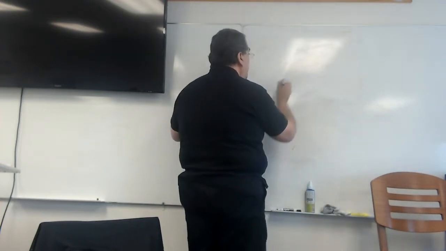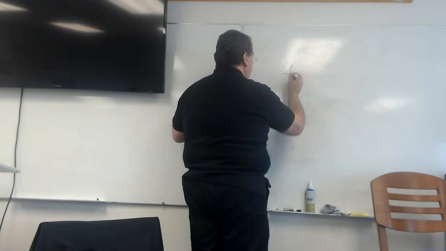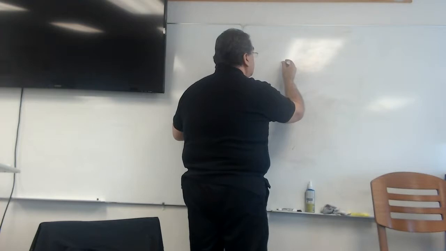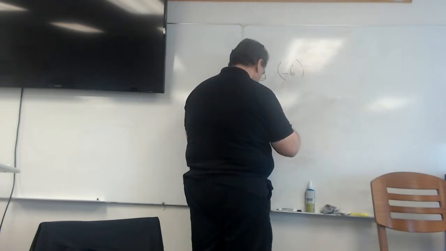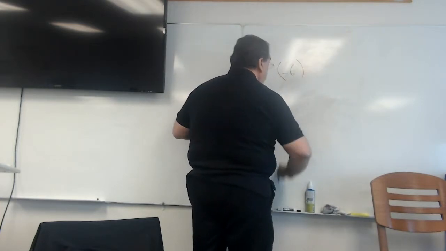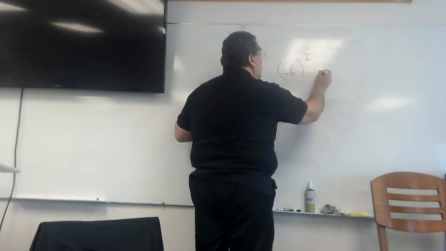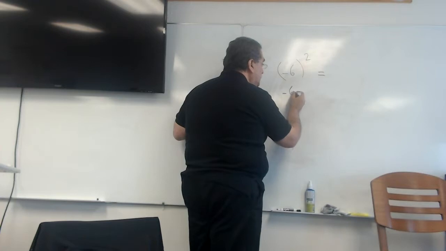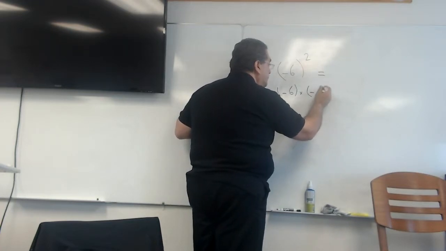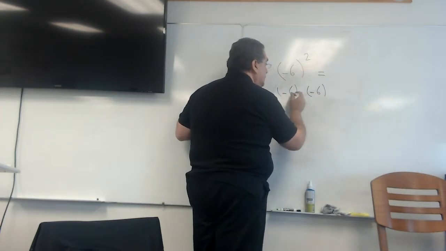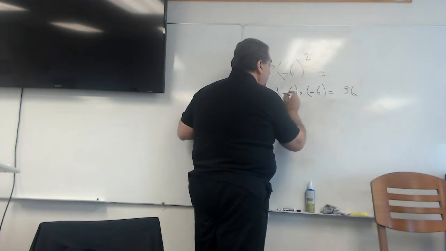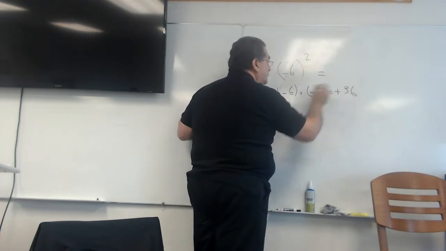Then we have minus 6 in parentheses to the power of 2. What would be the answer? This means minus 6 times minus 6. 6 times 6 is 36. Negative times negative is plus.